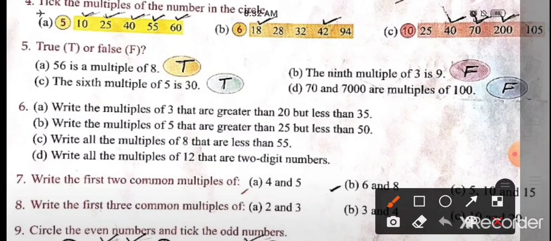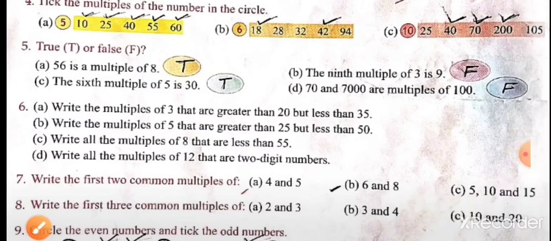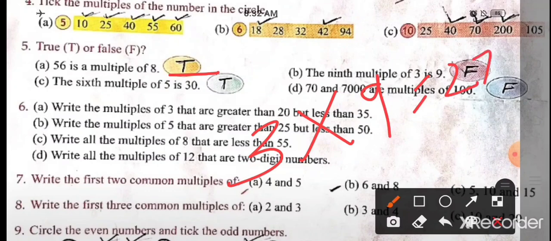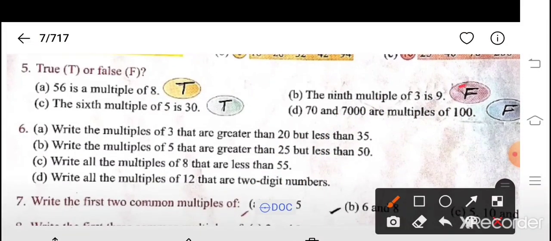Now question number 5, true and false. 56 is a multiple of 8. Yes, 8 sevens are 56. So true. The ninth multiple of 3 is 9. No, the ninth multiple of 3 is 27. Okay, 3 nines are 27. So this is false.